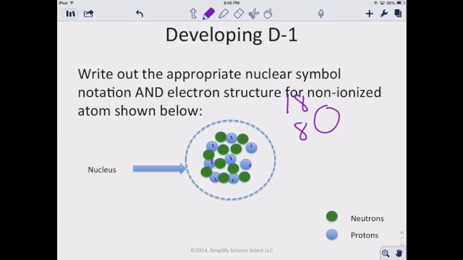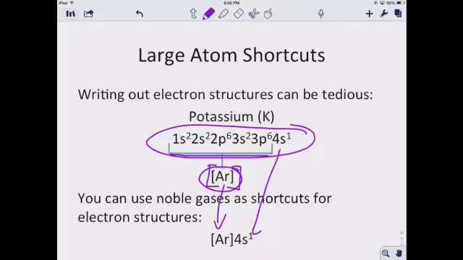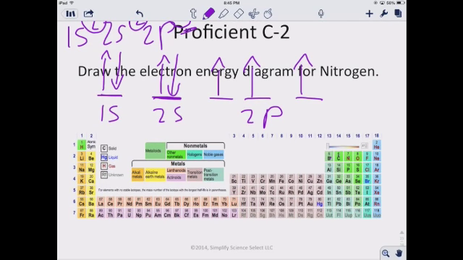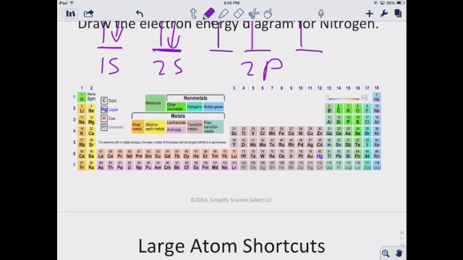And so we want the electron structure, or the electron configuration, for oxygen. Since it's non-ionized, it's going to have the same number of electrons as protons, so we have 8. We can use one of our periodic tables to do this. So we'll just use this periodic table and find the electron configuration for oxygen.